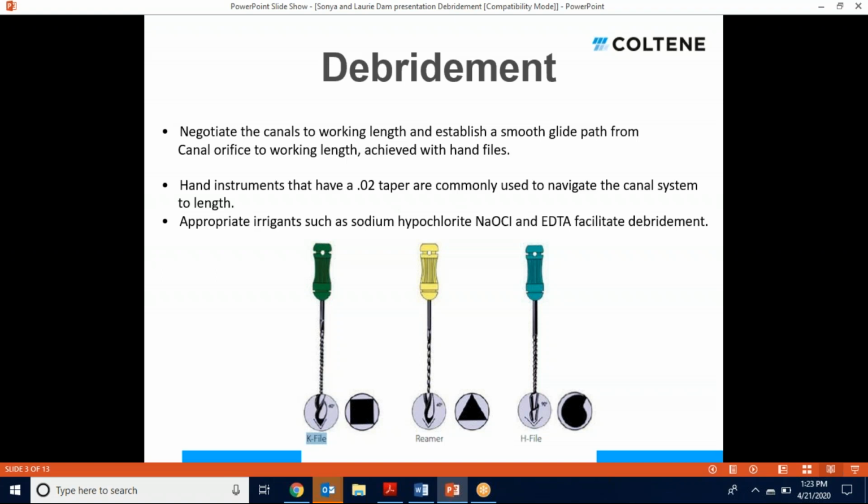That's one of the things I just mentioned that got standardized in the manufacturing process. The .02 taper is commonly used to navigate the canal system to length. During this process, you're going to use the appropriate irrigants such as sodium hypochlorite and/or EDTA to facilitate debridement. Down below you can see the pictures. We're all familiar with these K files, reamers, and H files, and we're going to dive in a little more on each one of those.